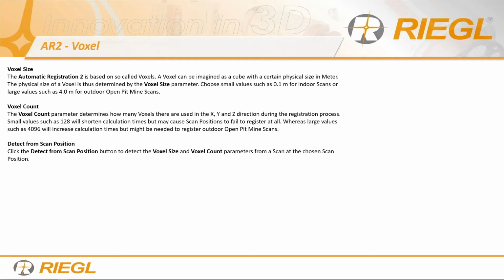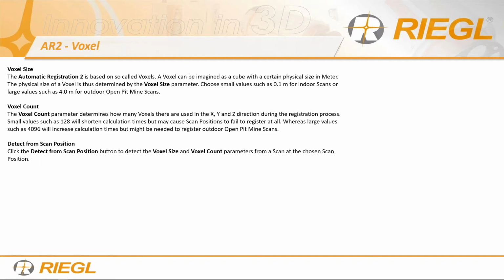For example, choose a small voxel size, 10 centimeters, for indoor projects. For large-scale projects like an open pit, you want to use a large voxel size, which here is 4 meters. Voxel count is the parameter that determines how many voxels are used in the X, Y, and Z directions during the registration process.